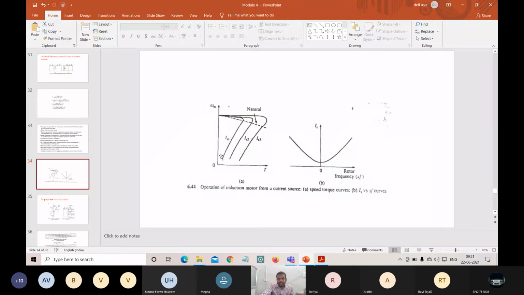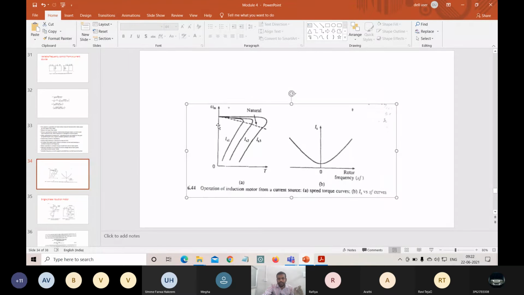If you consider IS1, the torque will be considered till this point. The speed will automatically get lowered at lesser torque values. So at maximum speed the maximum torque will occur, and as speed decreases, the torque also decreases, and at some value it will be 0.